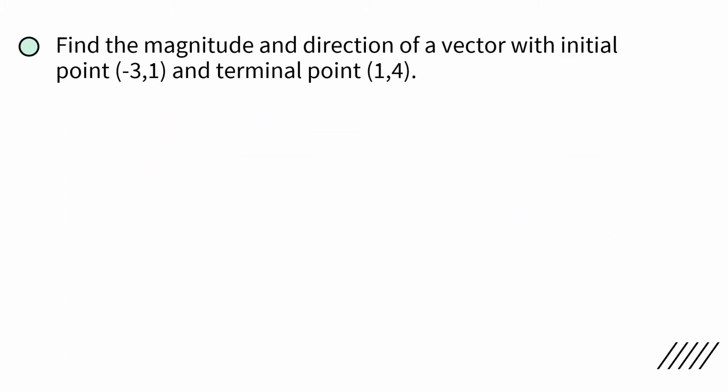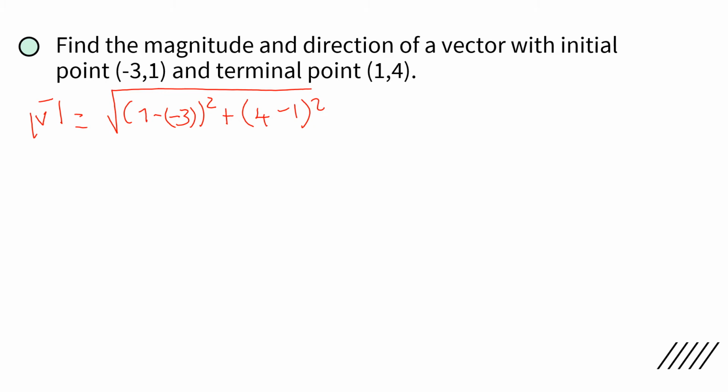Find the magnitude and direction of a vector with initial point negative 3, 1 and terminal point 1, 4. So to find the magnitude, let's say the magnitude of v will be equal to the square root of 1 minus negative 3, squared, plus 4 minus 1, squared.